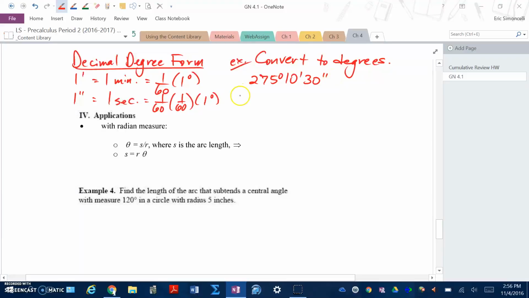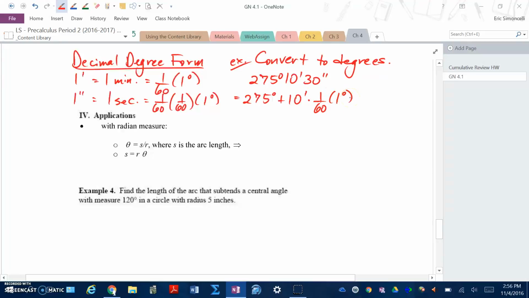In order to convert, we're going to do the following. I'm going to start with the whole number degree of 275 degrees and break it apart as such, where that will then be added to 10 minutes, and we're going to convert 10 minutes to degrees, as we saw in the decimal degree form conversion, 1/60th of a degree.